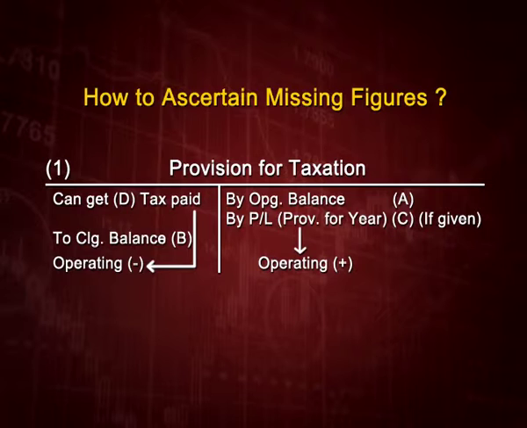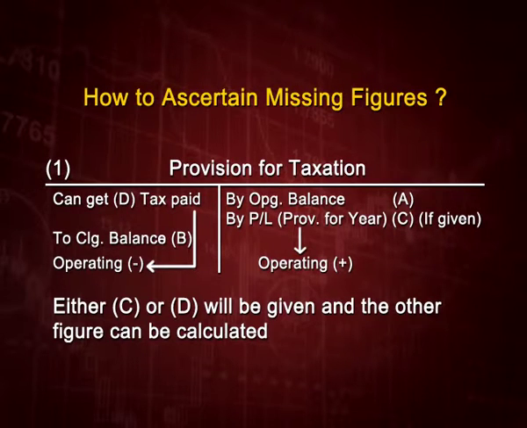Now, this tax paid will be deducted from operating activity in the end, and the profit and loss provision for the year will be added in operating activity in non-cash items. So, either C or D will be given and the other figure can be calculated very easily.